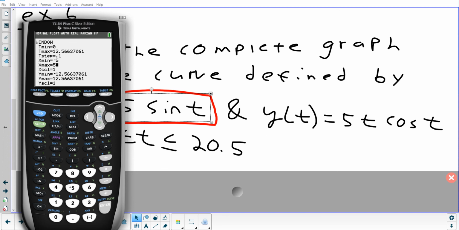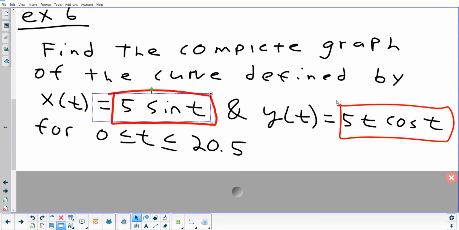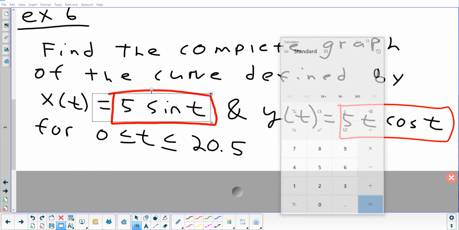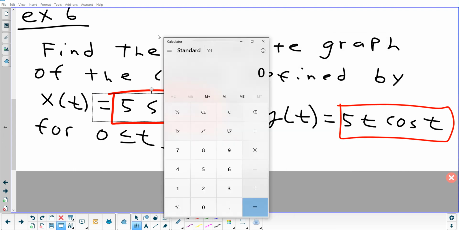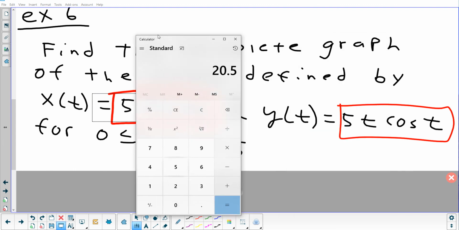Now, let's think about this one. There is an upper limit on t, 20.5. So the smallest value you could ever get, if everything lined up just right, is when you plug 20.5 in, multiply it by 5, and then if the cosine came out to a -1, you could get -102.5.